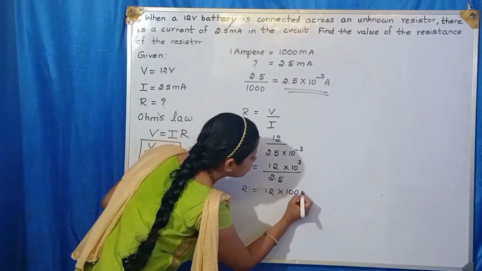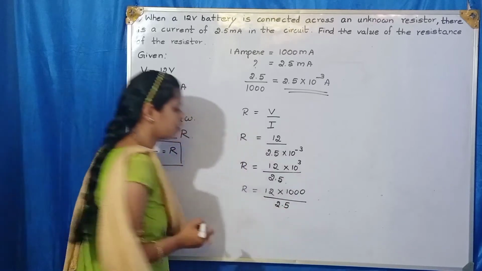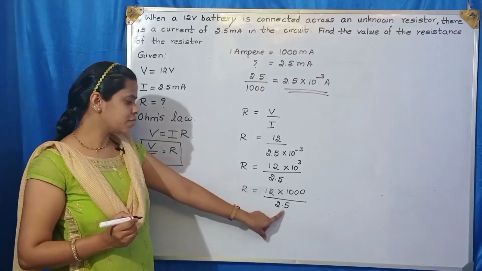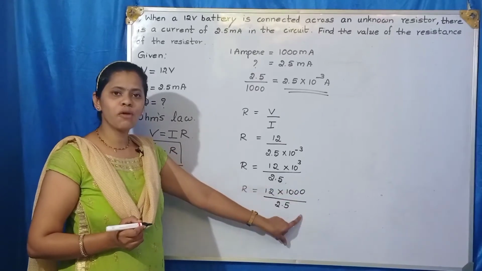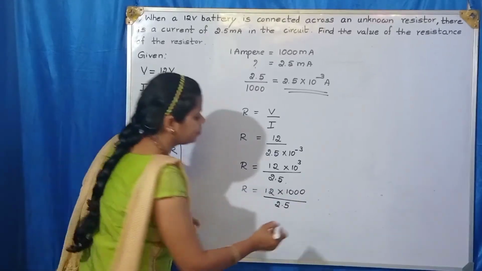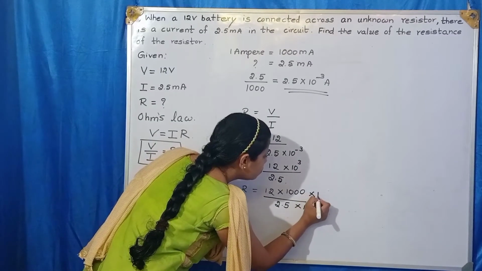which is nothing but 1000, divided by 2.5. To remove this decimal point, let's multiply both numerator and denominator by 10.